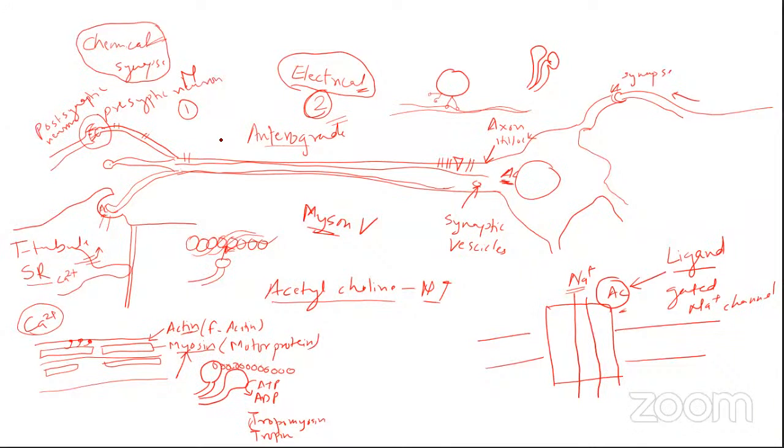Yes, sir. Okay, how this entire process happens, we took a glimpse of it in the last class, where we discussed how acetylcholine is responsible for bringing about a change in the membrane potential at the neuromuscular junction, and how that changed membrane potential is responsible for release of calcium ions from the sarcoplasmic reticulum.